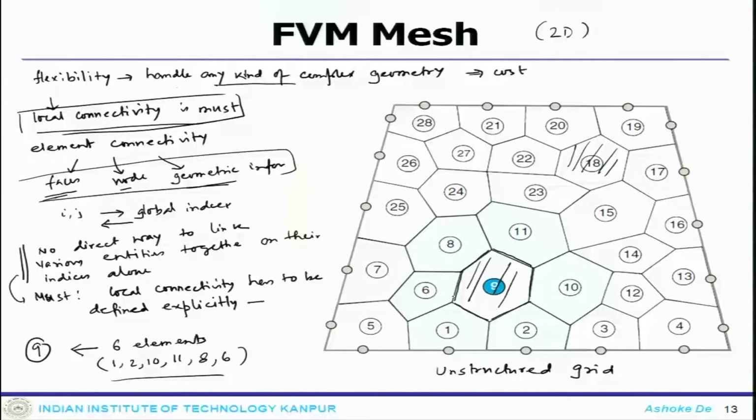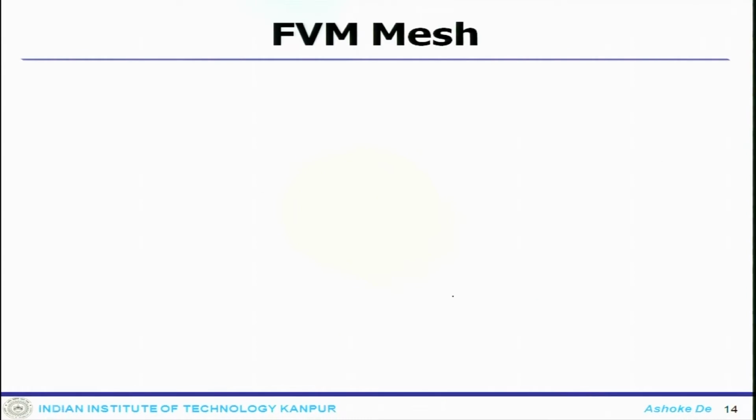So, while doing the calculation of the flux, one needs to take that into account. Okay. So, what information does one need? You have to have some sort of geometric connectivities, which means the connectivity between element to element.